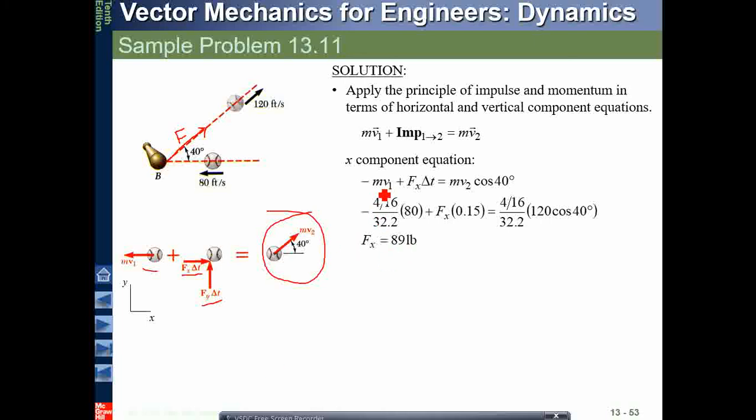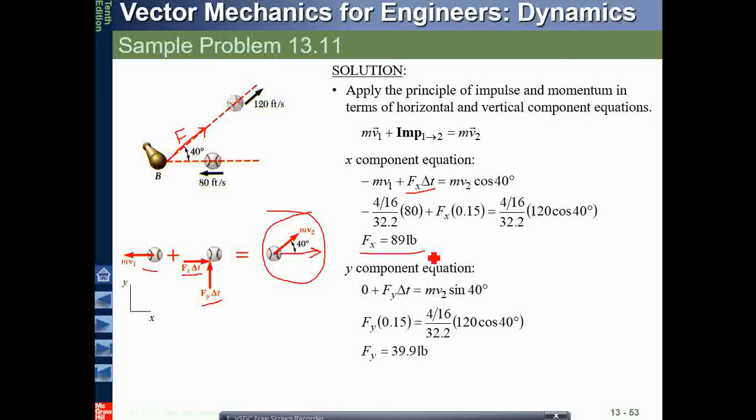So this is minus mv1, minus because this is the direction against x, plus Fx delta t, our only component along this, equal to mv2 cos 40 degrees. Solving this, Fx is 89 pounds. In a similar way we can solve for Fy.